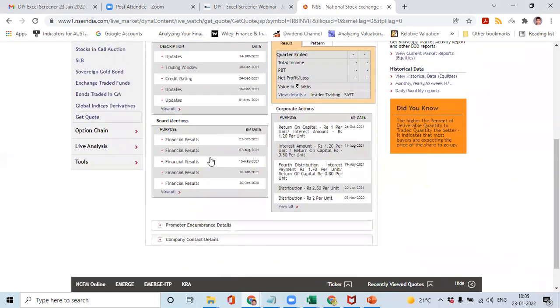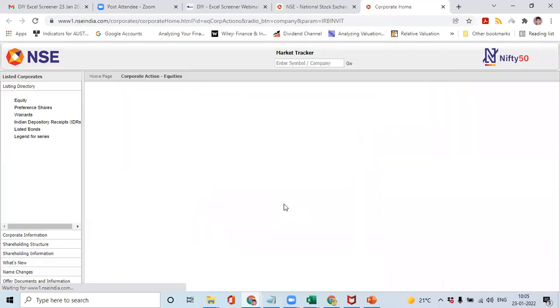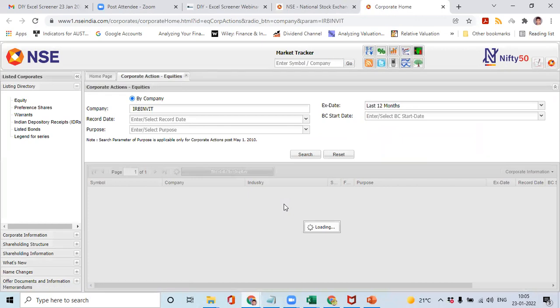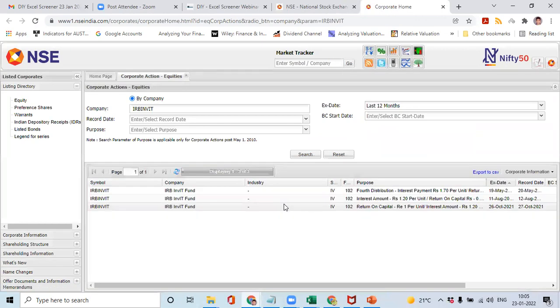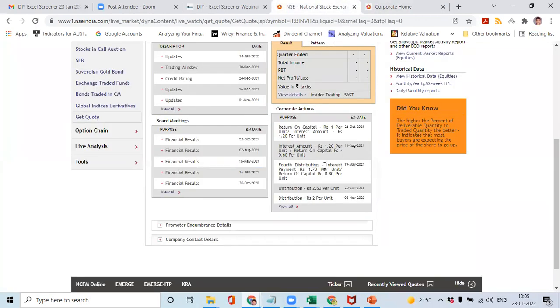And assuming the last year dividend will be the same for this year. So last year, these are the dividends. So 20th January, 19th, 11th, 26th. How much is this total amount? If you can calculate it for me.